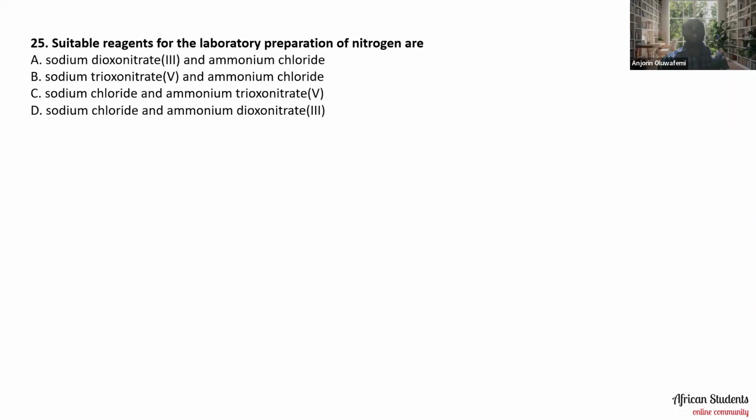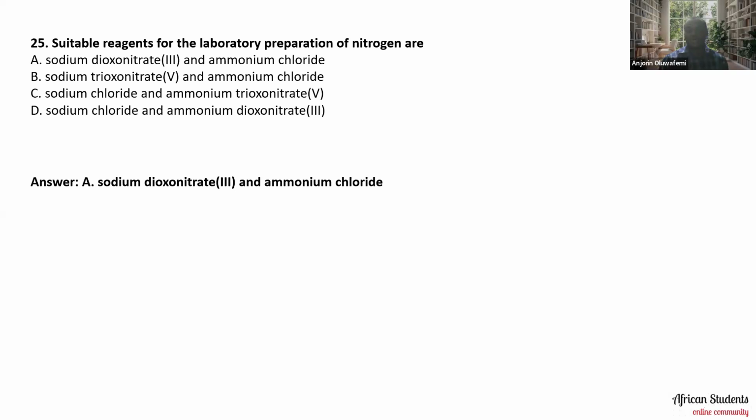Okay. So this one says that the suitable reagents for the laboratory preparation of nitrogen are, is it option A, option B, option C, option D? So the answer to this one is option A, sodium nitrite (NaNO2) and ammonium chloride.